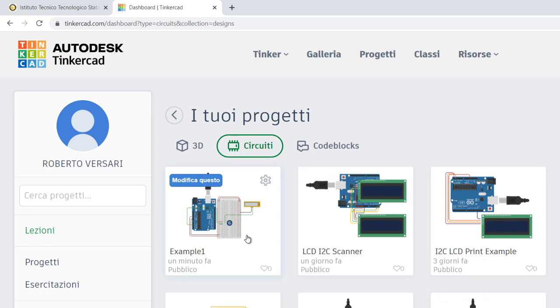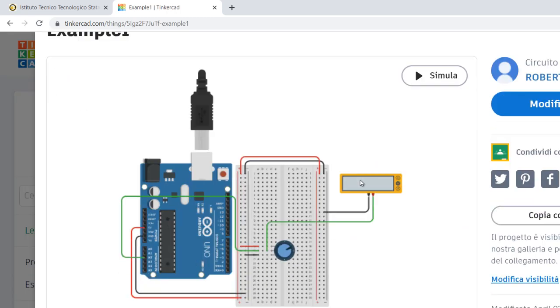Next, if I click on this project, here I have a link, copy link, a public link that I can share with all people interested, for instance, in this project. So I can send this project to all people interested in it. After having saved it, I can close.